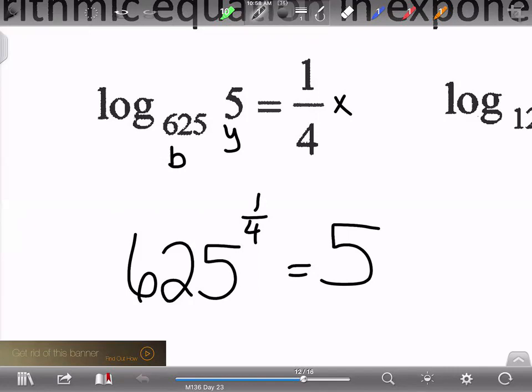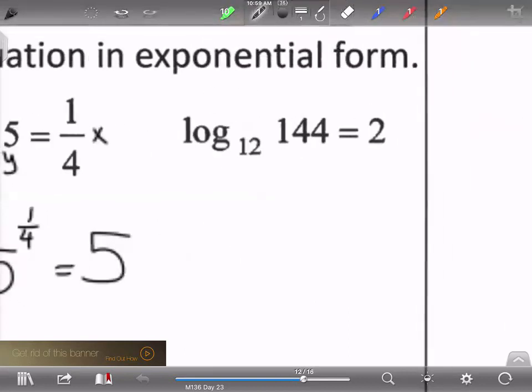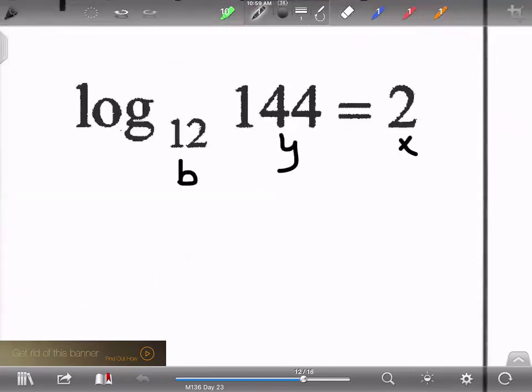Take a minute and do the last one on the right-hand side. In this case, your base is 12.